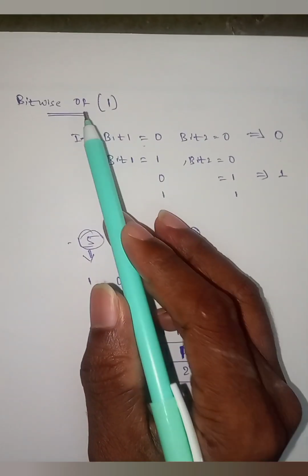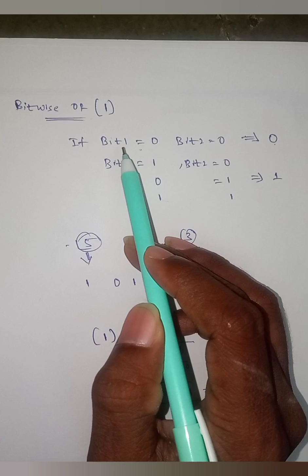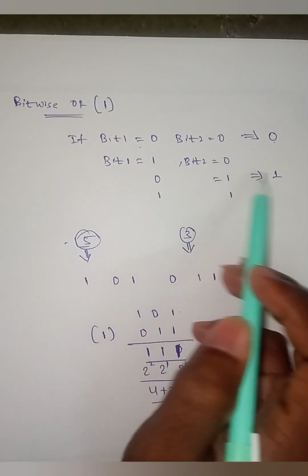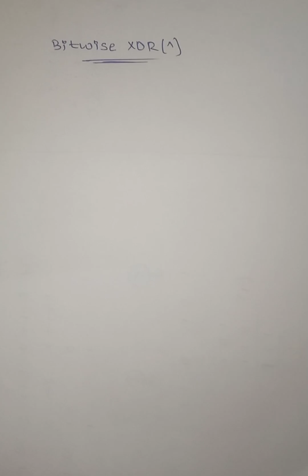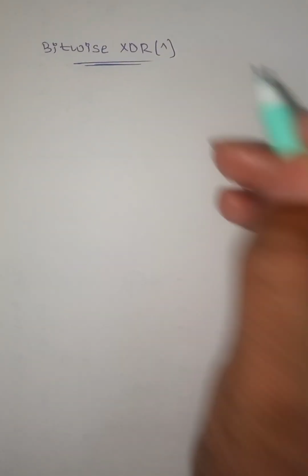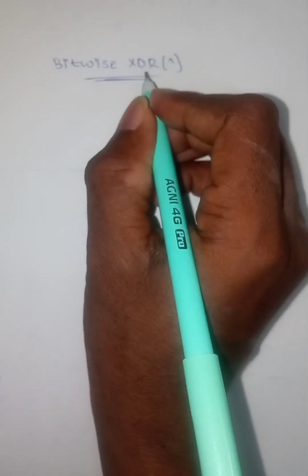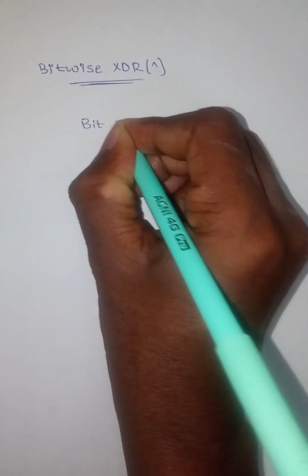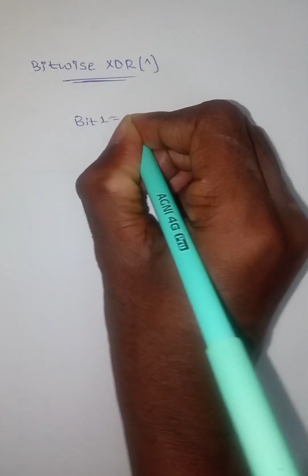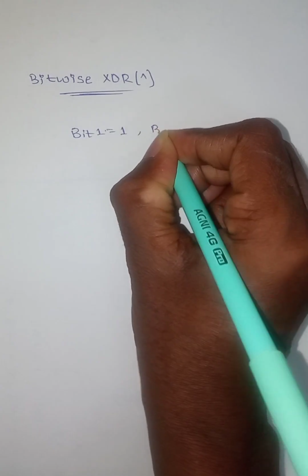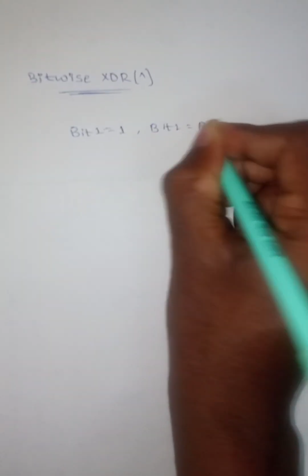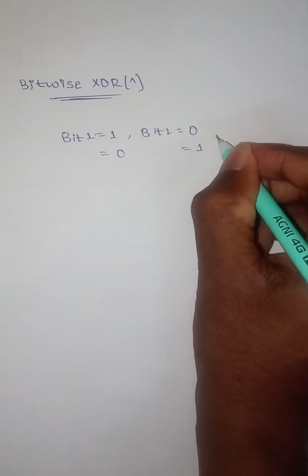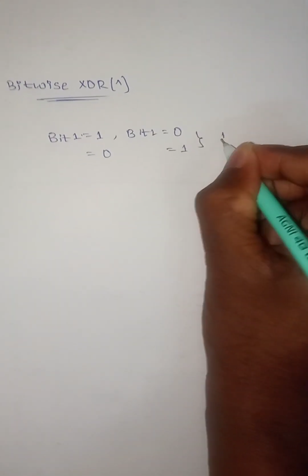So in the bitwise OR operation, if both the bits are 0, the output would be 0, and in all the remaining cases the output is 1. And when we talk about the bitwise XOR operator, if any one bit is 1, then the output would be 1. Suppose bit 1 is 1 and bit 2 is 0, or bit 1 is 0 and bit 2 is 1, then the output would be 1.